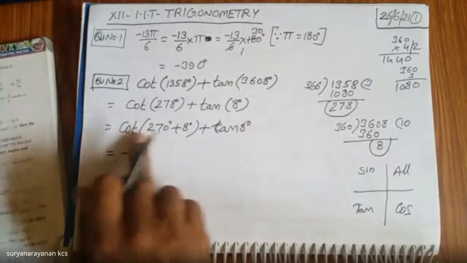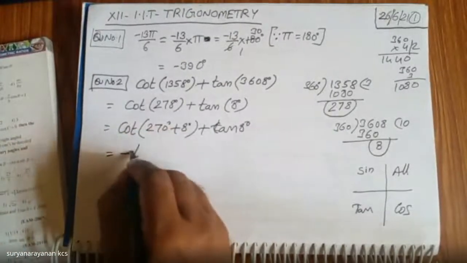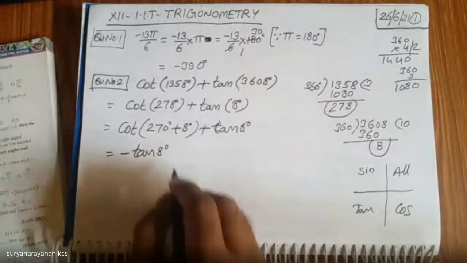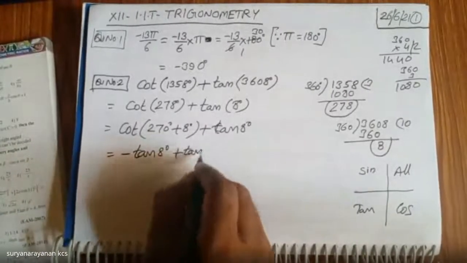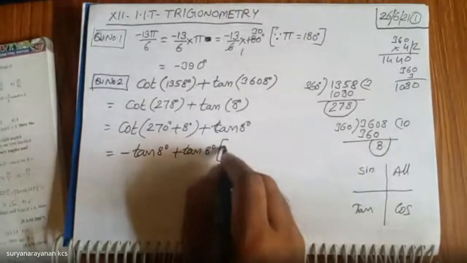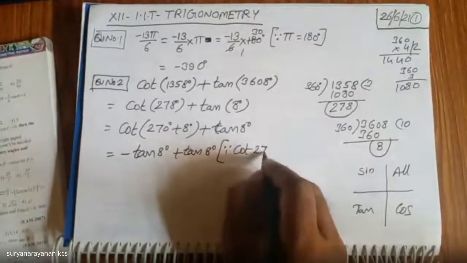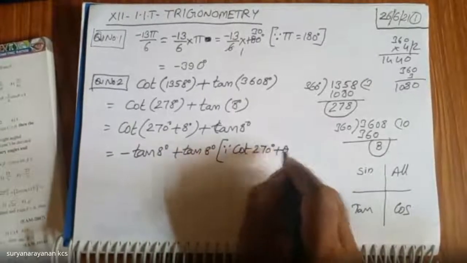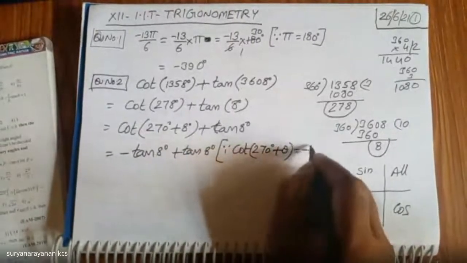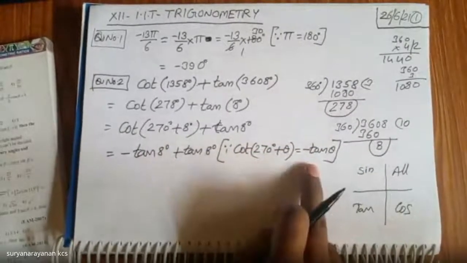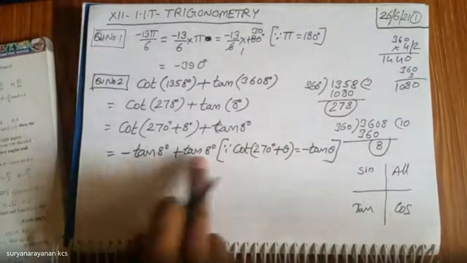So we can write this angle as tan 80 degrees plus tan 80 degrees, because cot of 270 degrees plus theta is equal to minus tan theta.